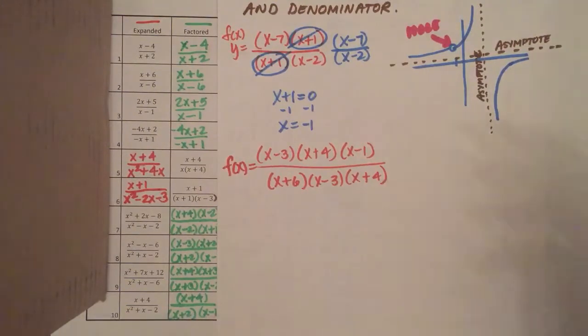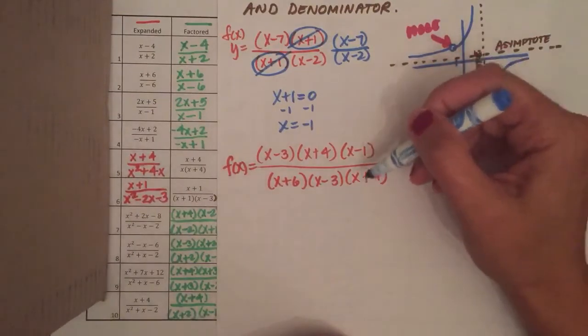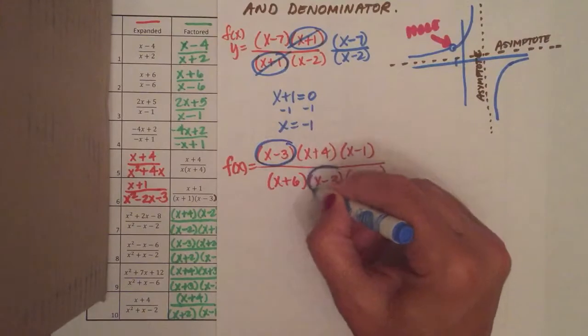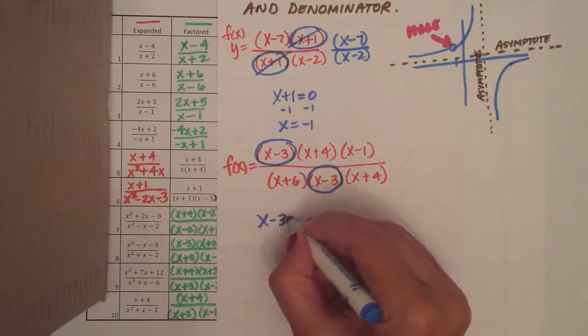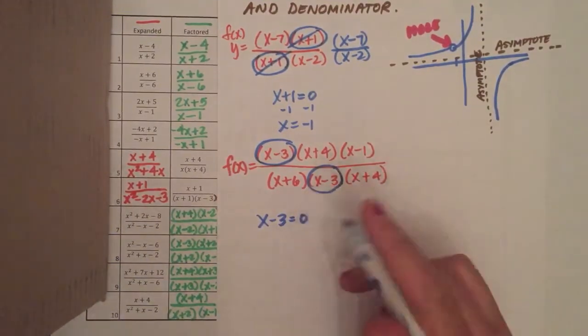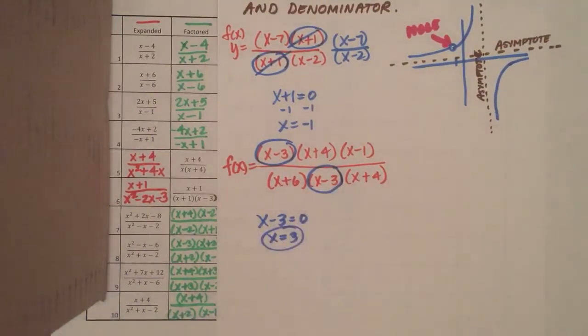Well, let's see. Do we have any factors that we can identify that are in the top and the bottom? And we do. The first one is we have an x minus 3 and an x minus 3. That means that we figure out what makes that 0, which is what's going to give us a problem on the bottom. So x is going to equal 3. We've got a hole at 3.